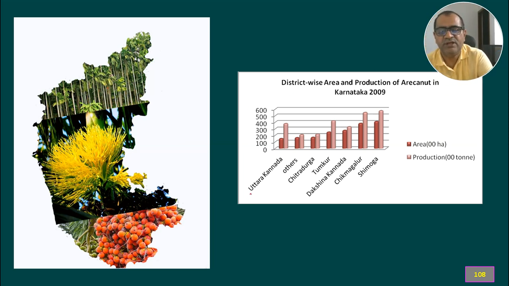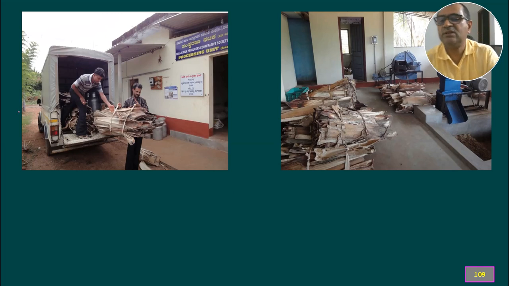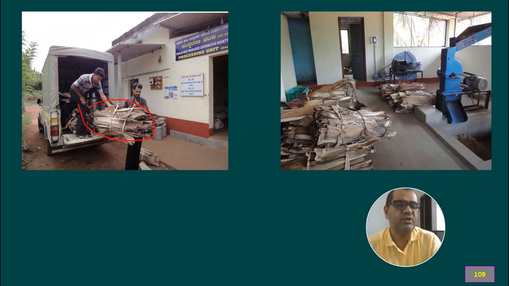The different districts are Uttar Kannada, Chitradurga, Tumkur, Dakshina Kannada, Chikmagalur and Shivamogga. These all grow areca nut, and Shivamogga seems to be the highest growing area. Then the areca nut spade can be stored after drying it properly. Then it can be milled and fed to the cattle.